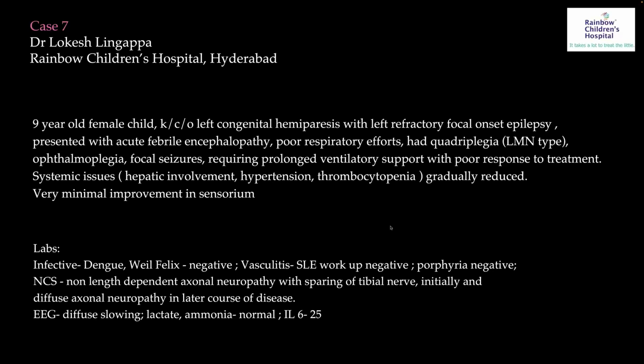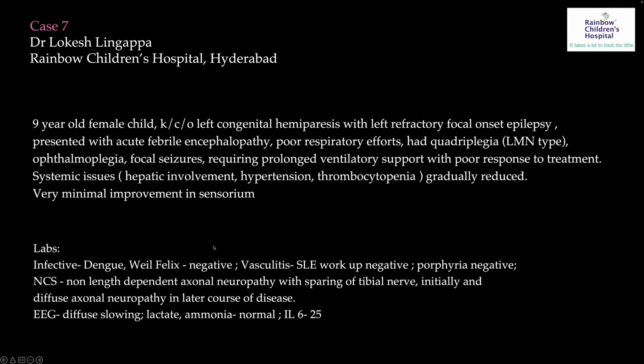But after giving IV steroids and IVIG, the child did not show much improvement, and she had on and off seizures. The encephalopathy was persistent. The workup for other vasculitis and the A&E profile, everything was negative, sir.